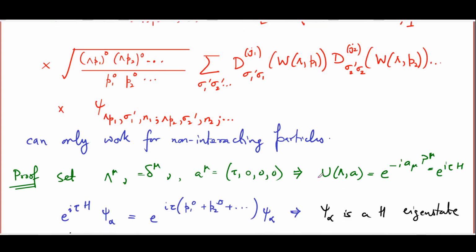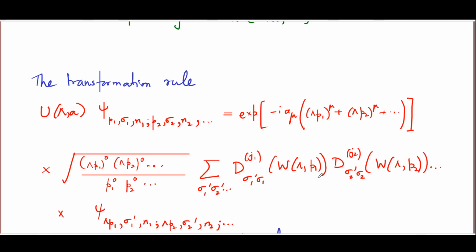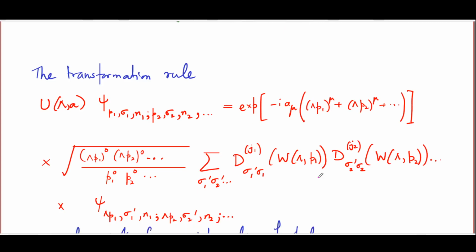So e^(iτH) acting on the state ψ_α will, according to this formula, if this formula were valid, give you factors e^(-i a_μ (Λp1^μ + Λp2^μ + ...)) and so on. Here the Lorentz transformation is just the identity, which means all the other factors would simply go away, and you will not have any superposition.